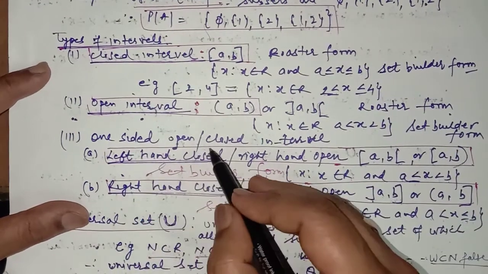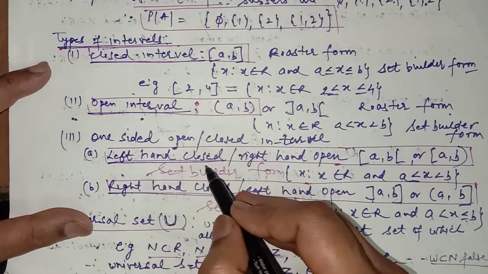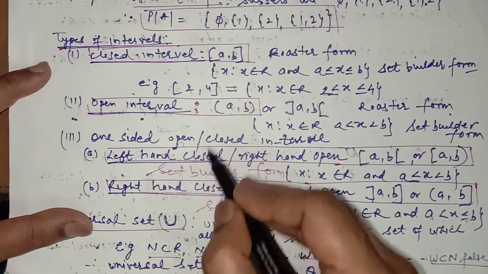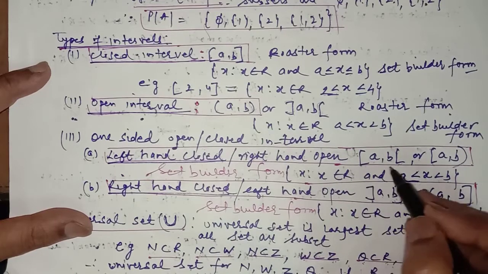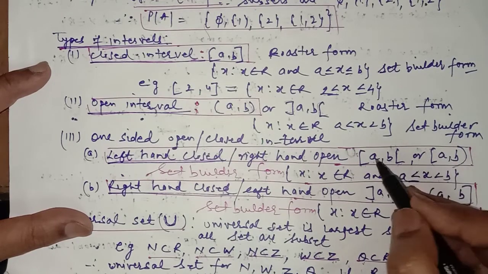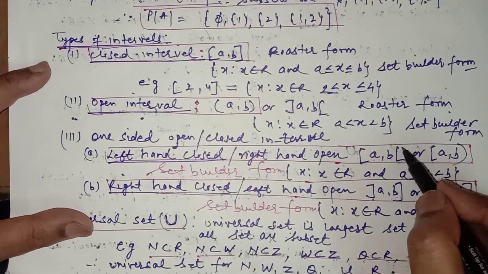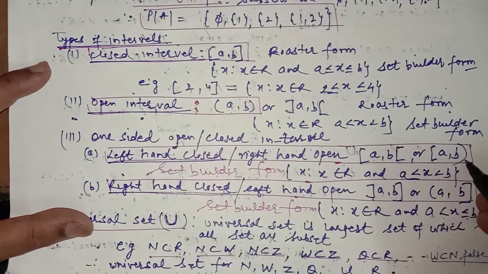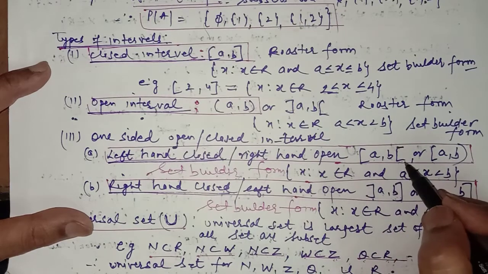Now one side open or closed interval. We can have left hand closed, which means a square bracket on the left, or right hand open. Closed we write the same, but for the open side you write a simple bracket. So we can say it is left hand closed or right hand open.